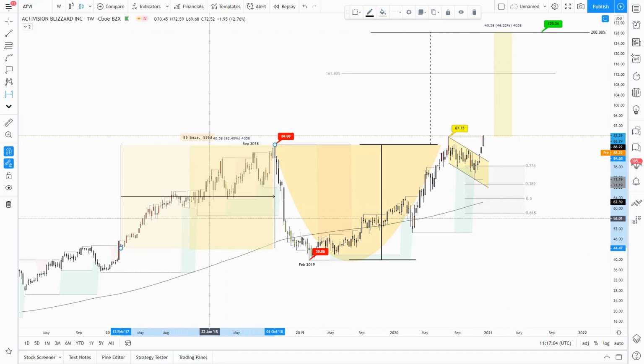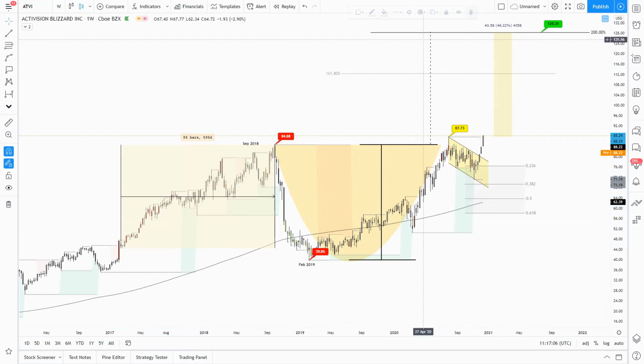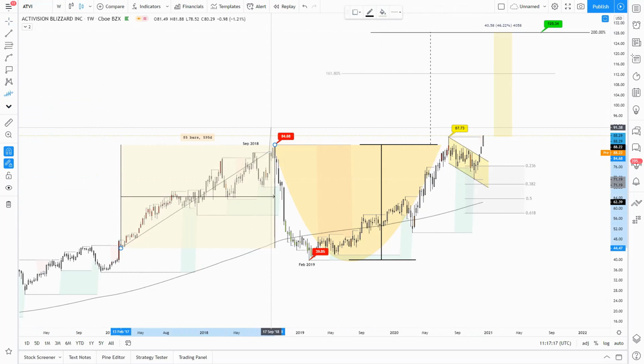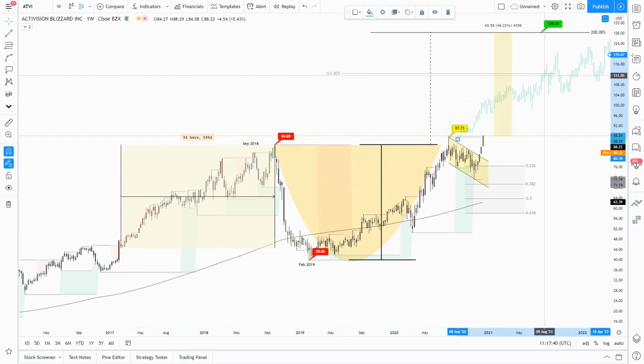If we take the previous swing using the same percentage, the 46% rise in price, it took 500 or 600 days for the price to rise that same proportional move.